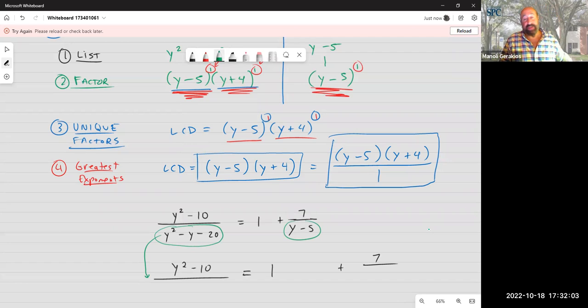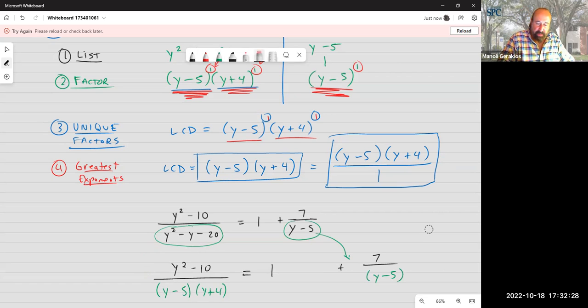The y squared minus y minus 20 factored as y minus 5 times y plus 4. You want to show your denominators in factored form. The y minus 5 in factored form looks like y minus 5 with parentheses around it. Good to go.